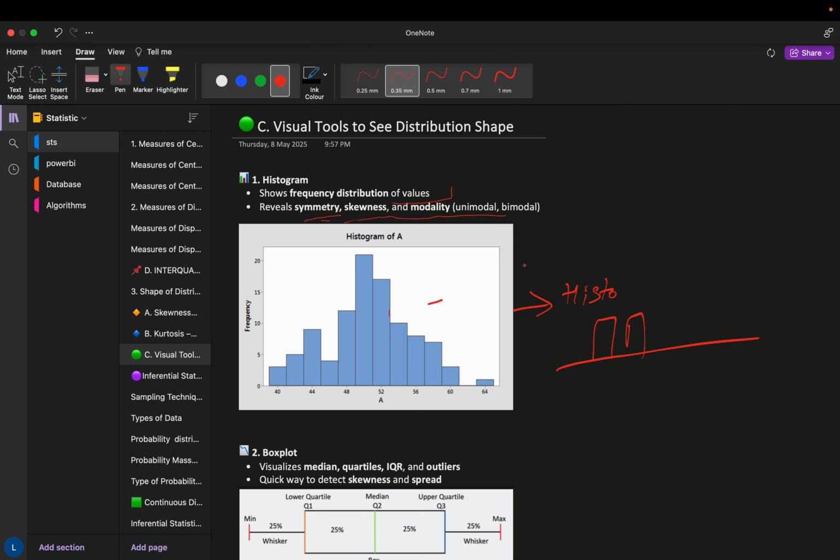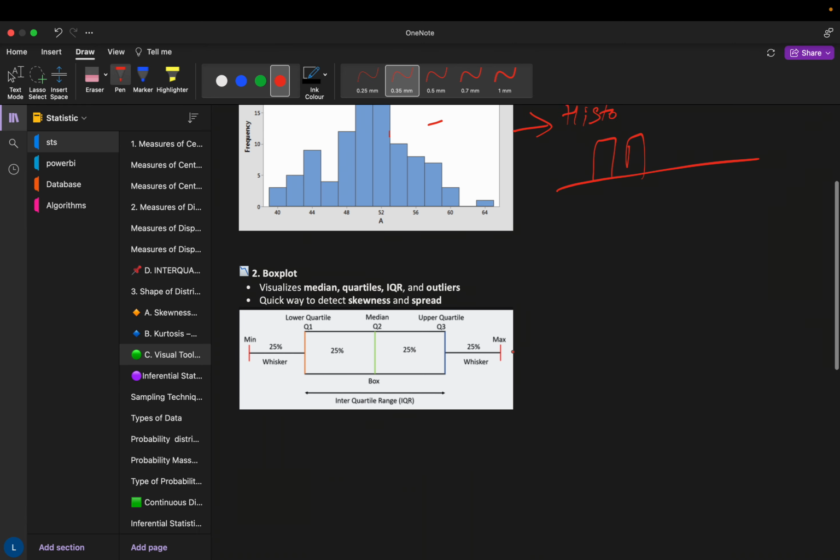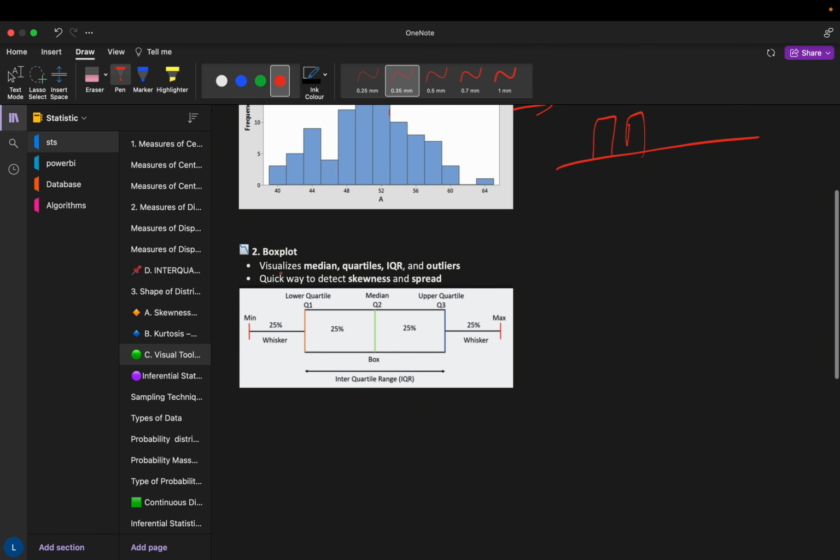All right, similarly we can use a box plot to visualize the shape of a distribution. It visualizes the median, quartiles, interquartile range, and even the outliers. As you can see, this is the whisker. If a value is beyond this whisker, it is considered an outlier.